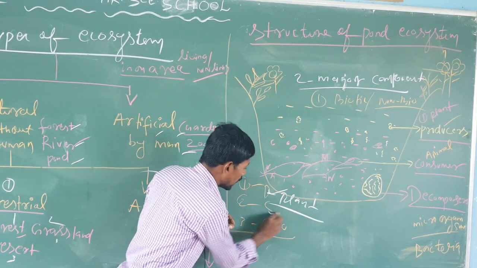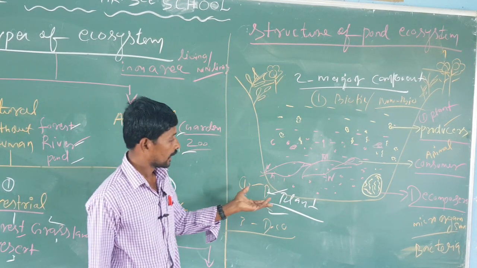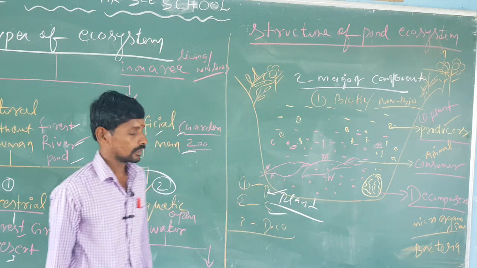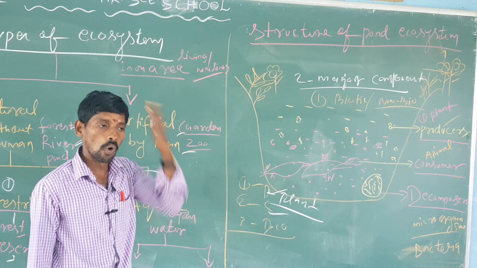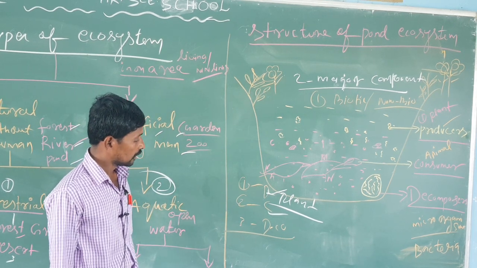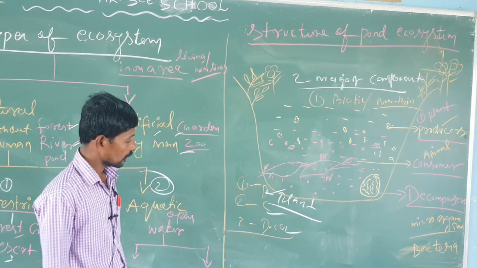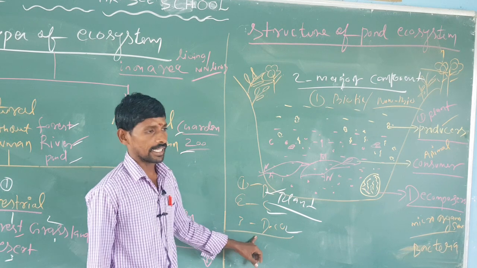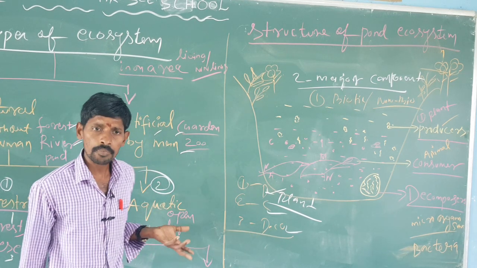Then consumers use plants as food. They are called consumers. For example, cow, goat, anybody. Third one, decomposer. Decomposers act on dead organisms only. What is a dead organism?